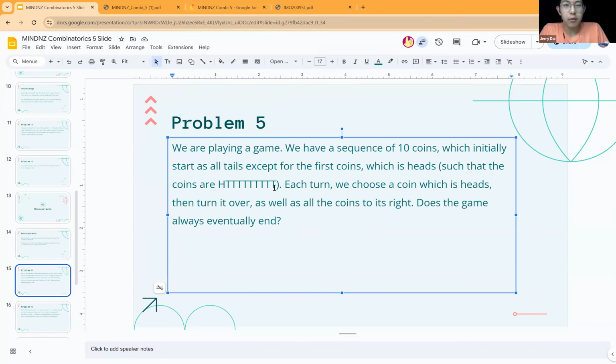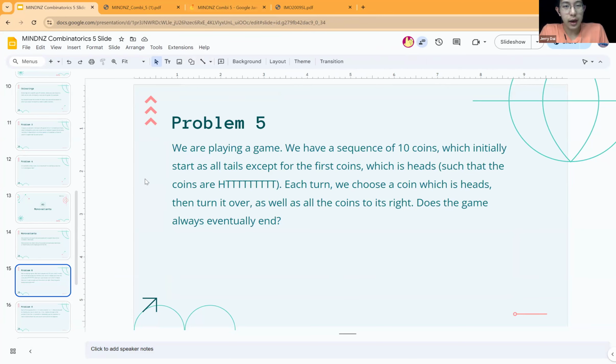So try and find the invariant. The way you can think about it is to consider which coins are most important, like which coins impact the most other coins. If a coin can impact all of the other coins, then it should be worth more than all of the other coins. Just some food for thought.